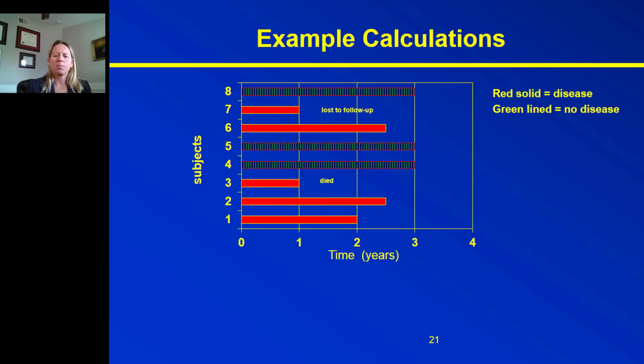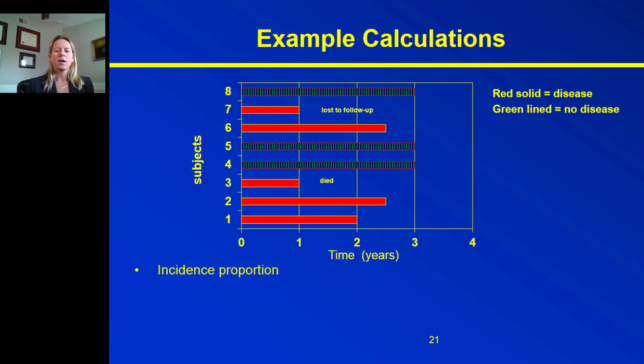And this is an example of how we sometimes look at person time graphically. Here we're looking at 8 subjects, where the red solid line represents someone who was followed and acquired the disease, and the green bar represents those who were followed and did not acquire the disease.